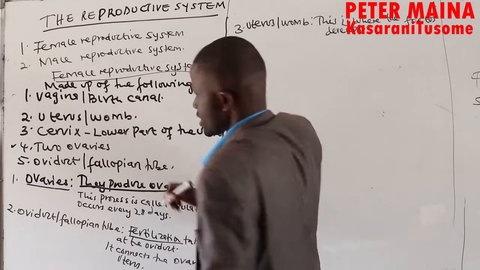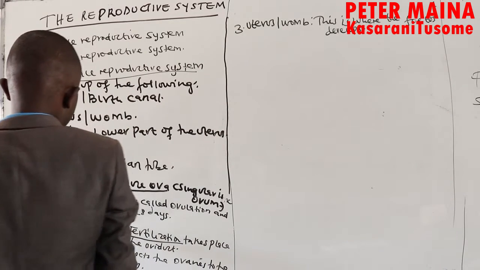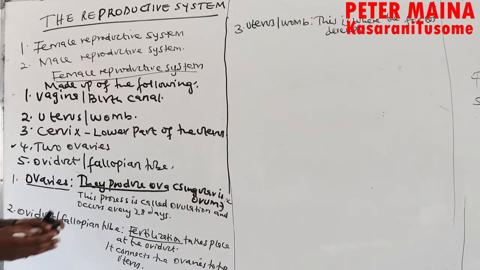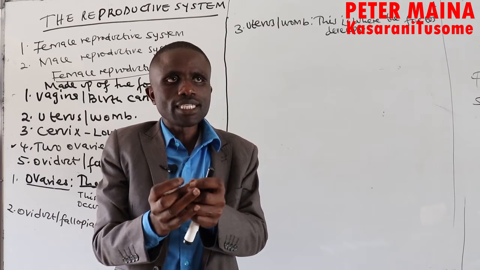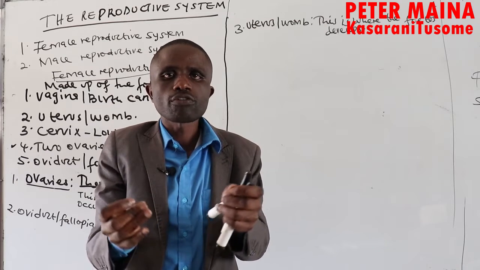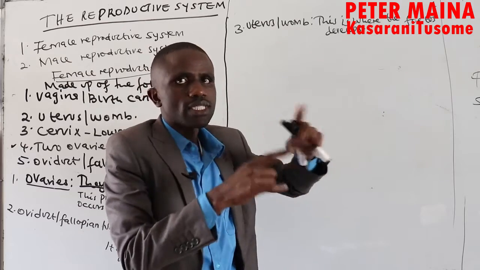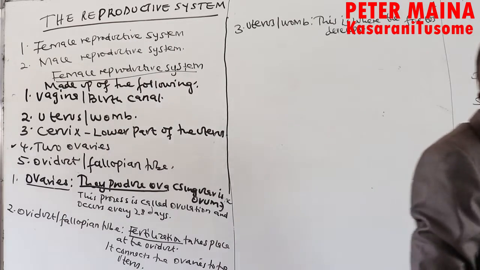Upon fertilization, the sperm from the male meets with the ova from the female, and fertilization occurs. The product of that is what we are calling the fetus. So the fetus now grows in the womb, also called the uterus.